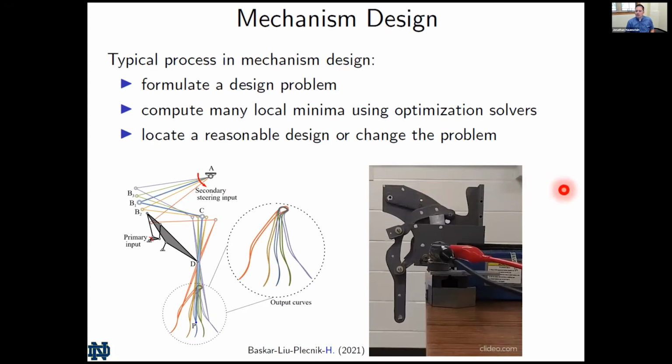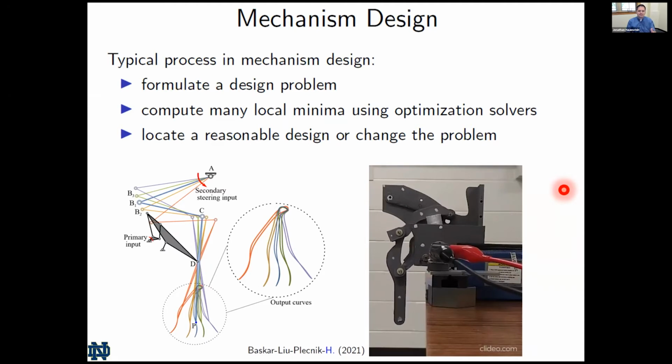Okay, so the way that things typically work in mechanism design is the mechanical engineer will formulate a problem. They'll plug it into their favorite optimization solver and try to compute lots of local minima. If they find a design they like, they build it and they're happy and they move on.